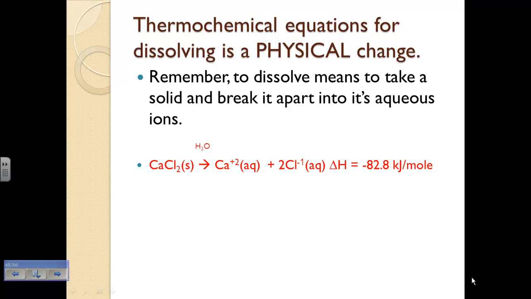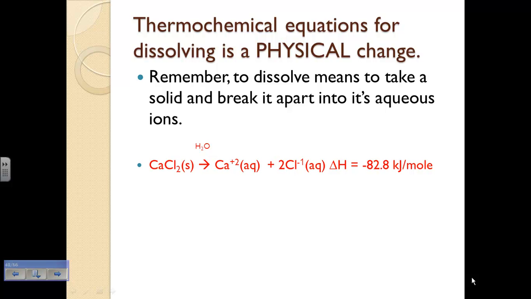CaCl2 solid breaks apart into one calcium ion, Ca plus 2, and I see that I have two chloride ions. The subscript on the left tells me how many of those ions come out on the right.